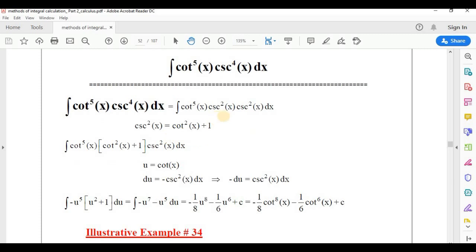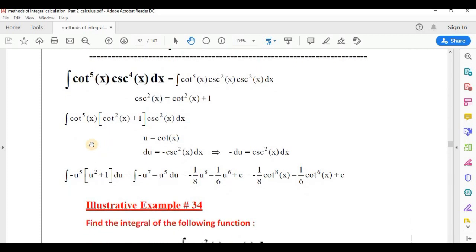Second step, we have cosec square, then we will use the cosec square formula. Cosec square will be equal cotan square plus 1. And we will substitute this value in this part. The integral will become integral cotan to the power 5 x all multiply cotan to the power 2 x plus 1 all multiply cosec square x dx.